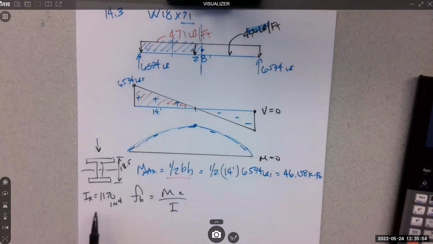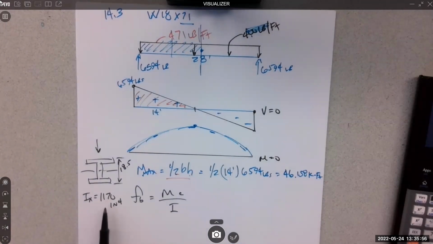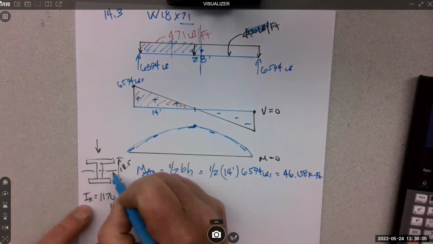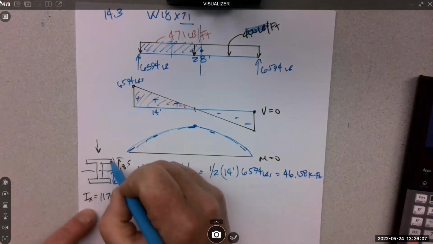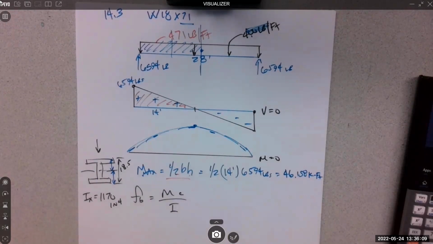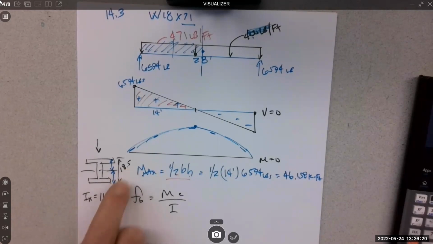That's why we use Ix. C is the distance from the neutral axis to the outermost fiber. If you have a symmetrical shape, then it's the same top and bottom. If you have an asymmetrical shape, then you need to use the largest C value. So C is half of the 18.5.